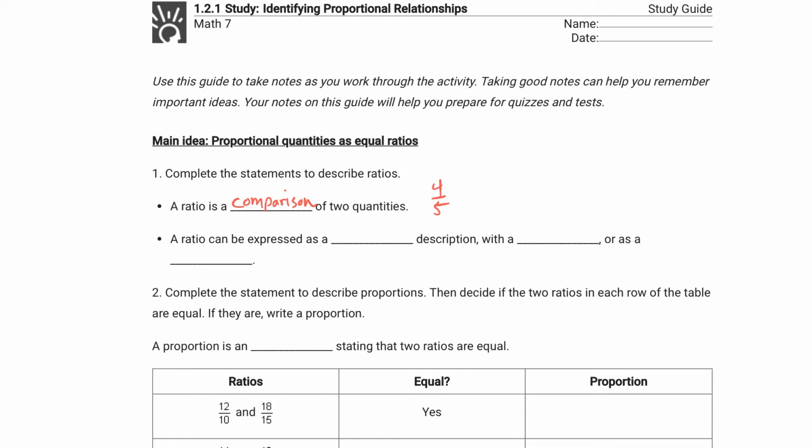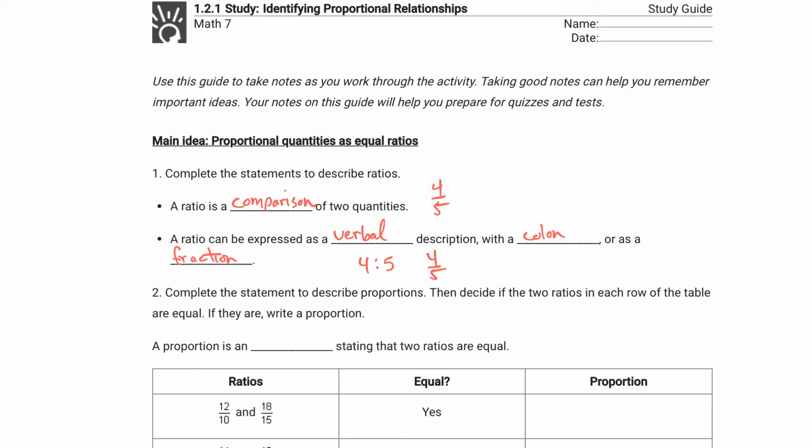A ratio can be expressed as a verbal description, with a colon, or as a fraction. So we're talking about 4:5 or 4/5, right?